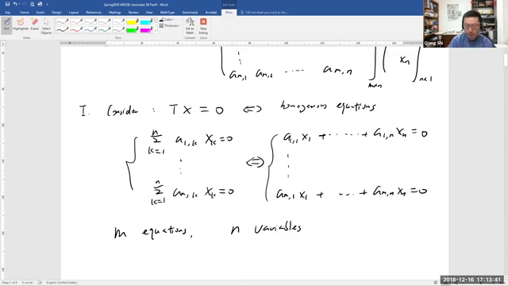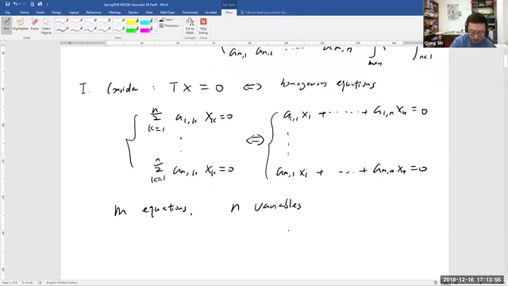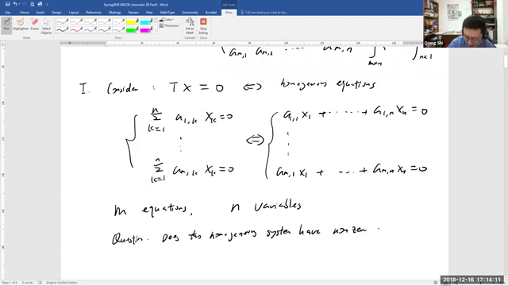Of course, when you take all the x values to be 0, for any homogeneous system, 0 is always a solution. So the more interesting question is, does this homogeneous system have a non-zero solution?